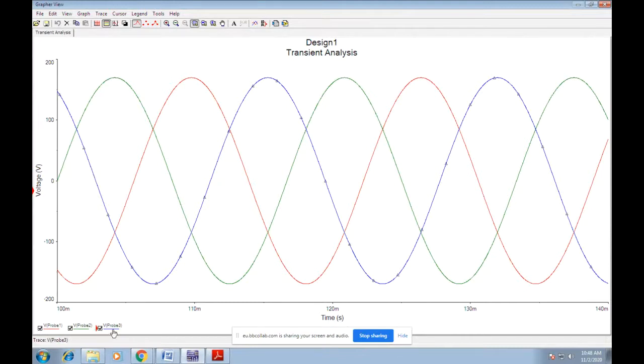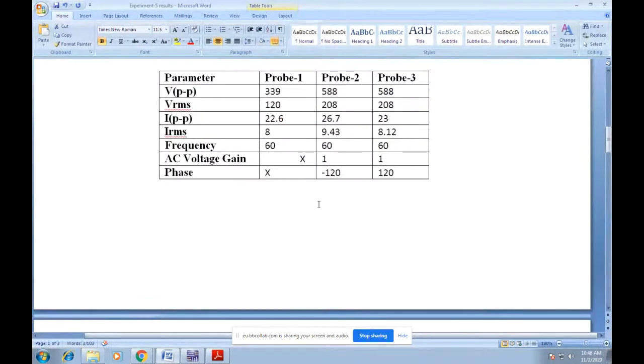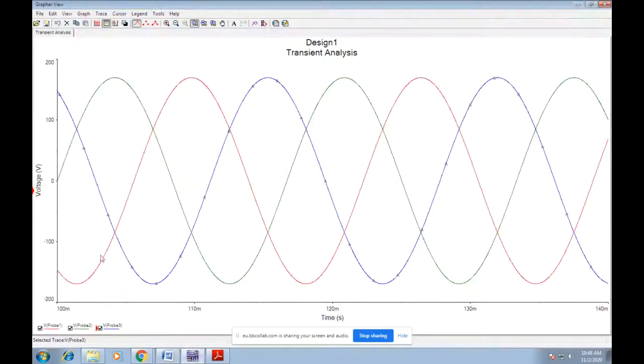Okay, so this graph. On table number 1, we have observed that there are some differences. For the first probe, it is constant. For the second probe, the phase is minus 120. For the third, it is plus 120. So here you can see it reflected. For the first one, it is starting from here, right?